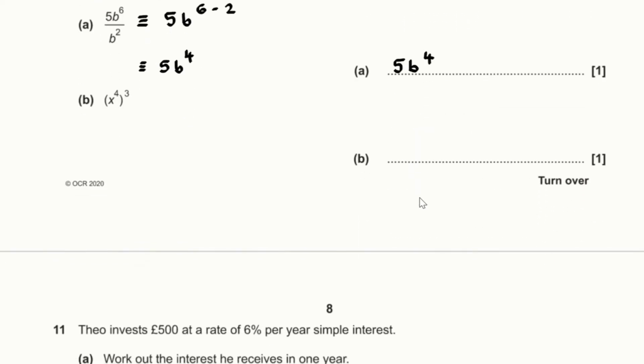Next, we've got x to the power of 4 to the power of 3. If I multiply the powers, this is the same as x to the power of 4 lots of 3. So we have x to the power of 12.